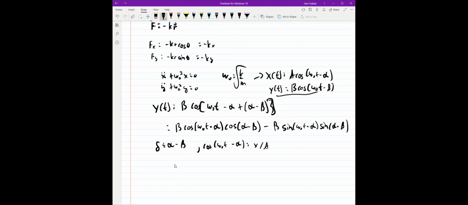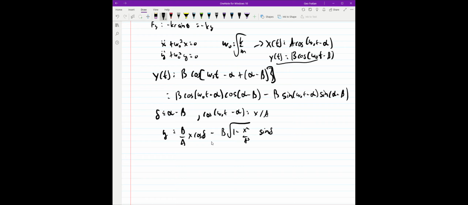So that lets us now define y as equal to b over a x cosine delta minus b square root of 1 minus x squared over a squared sine delta. In other words, with a bit of substitution, we get ay minus bx cosine delta is equal to negative b square root of a squared minus x squared sine delta.